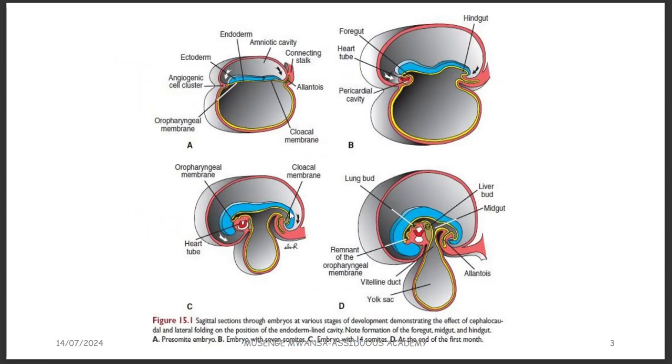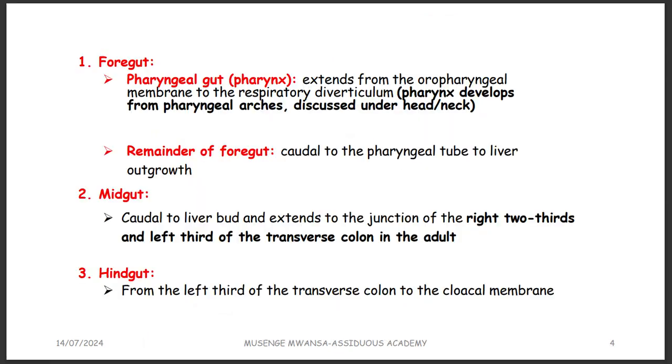So there is a diverticulum where the respiratory system is going to be coming from. That is the respiratory diverticulum, just near here in the foregut.